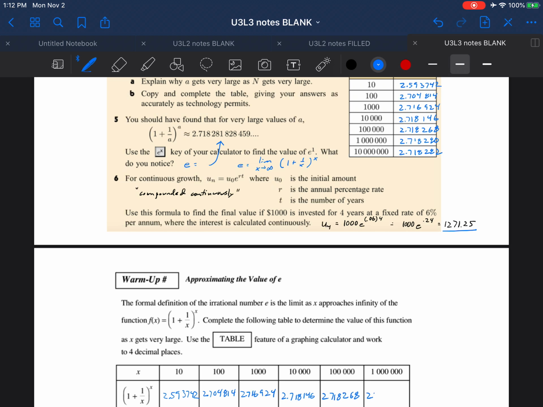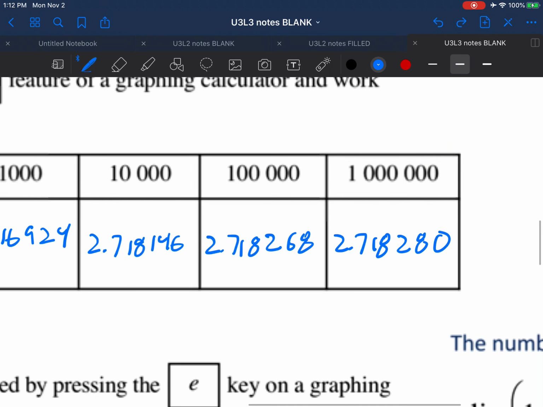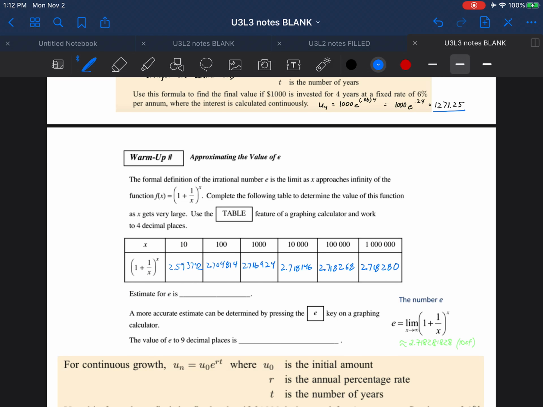And then when x is a million, we get 2.718 280. So an estimate for e is about, what I remember, 2. Sorry, just want to be sure that's a nice clear decimal point. So roughly, e is about 2.71.